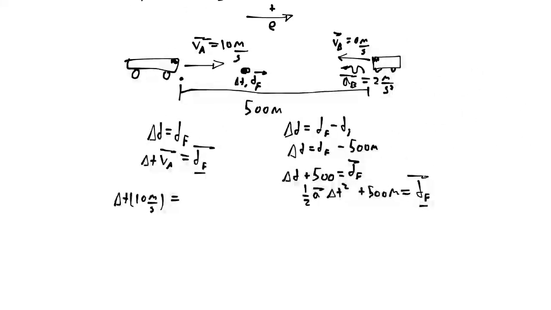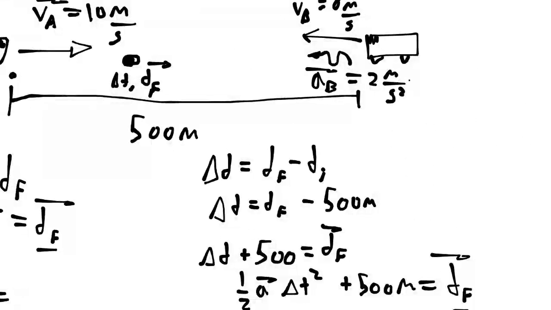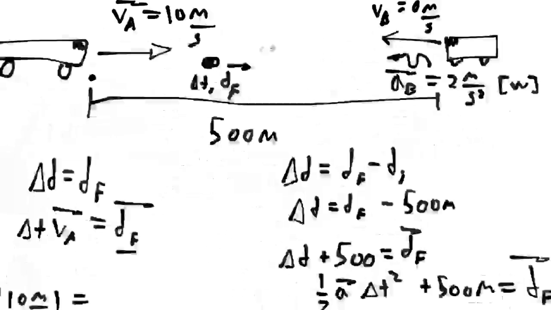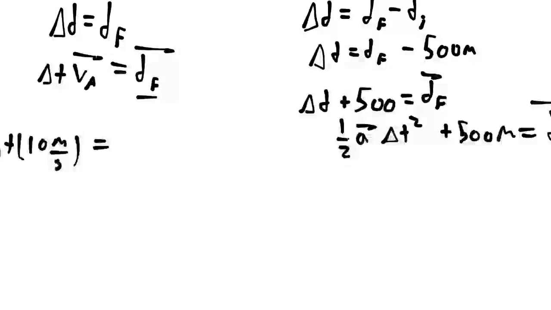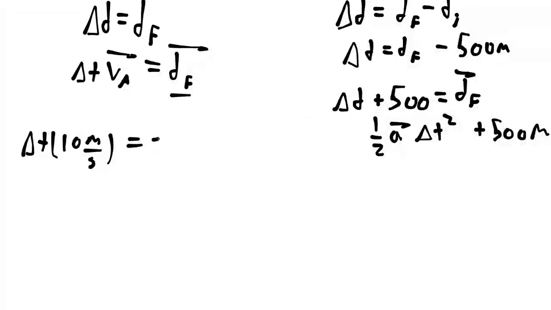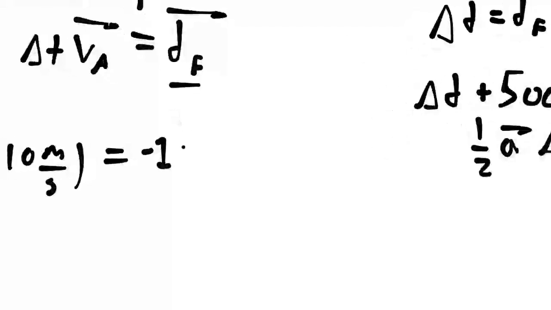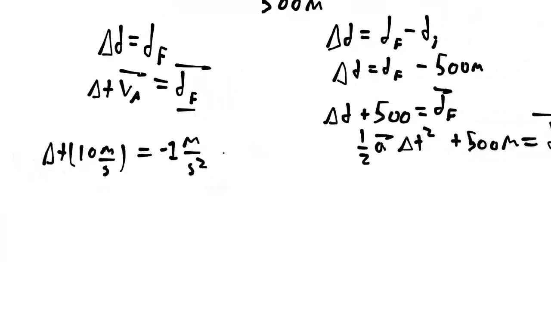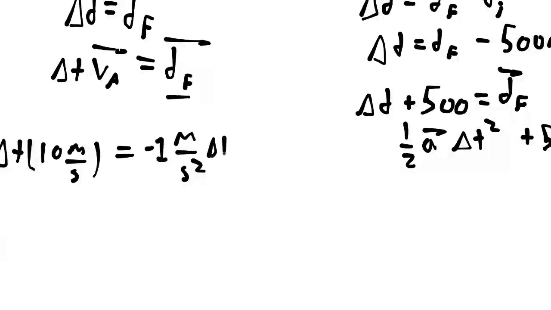Acceleration is 2 meters a second squared, and it's also west, so I'll just write west here. And west is negative, so it's negative 2 meters a second squared multiplied by 1/2, and that just becomes negative 1 meters a second squared, and delta t squared plus 500 meters.